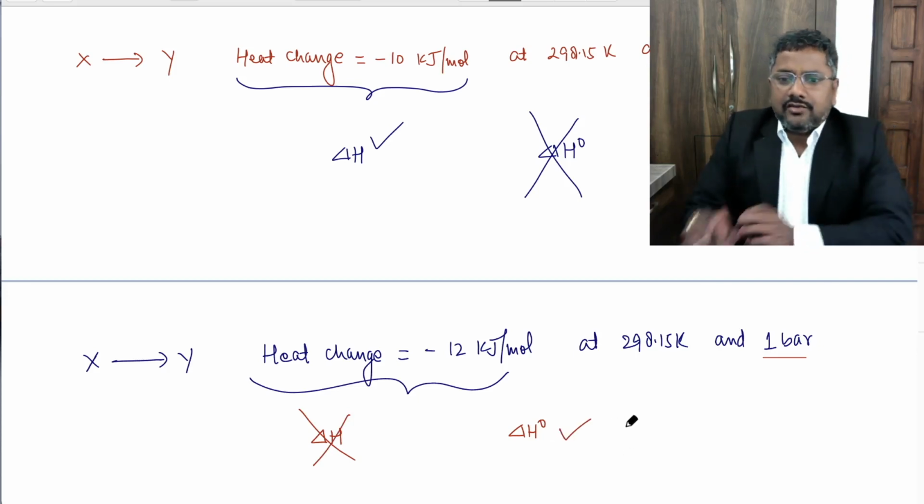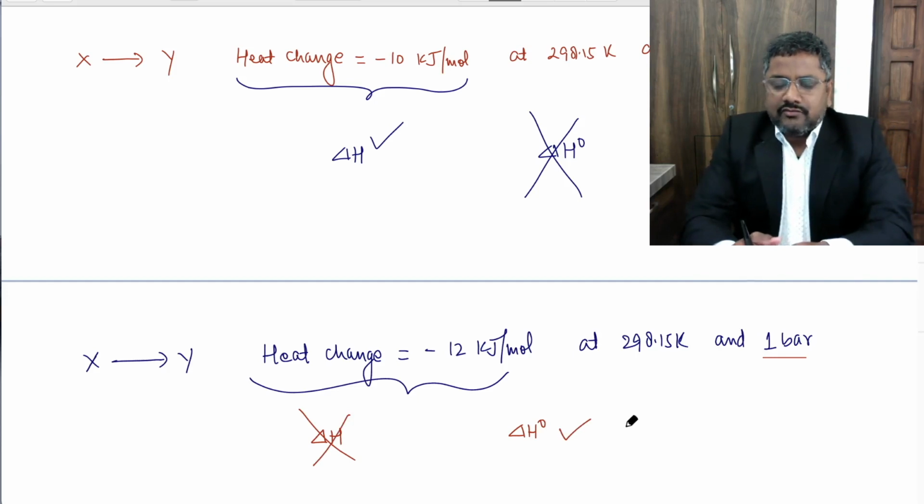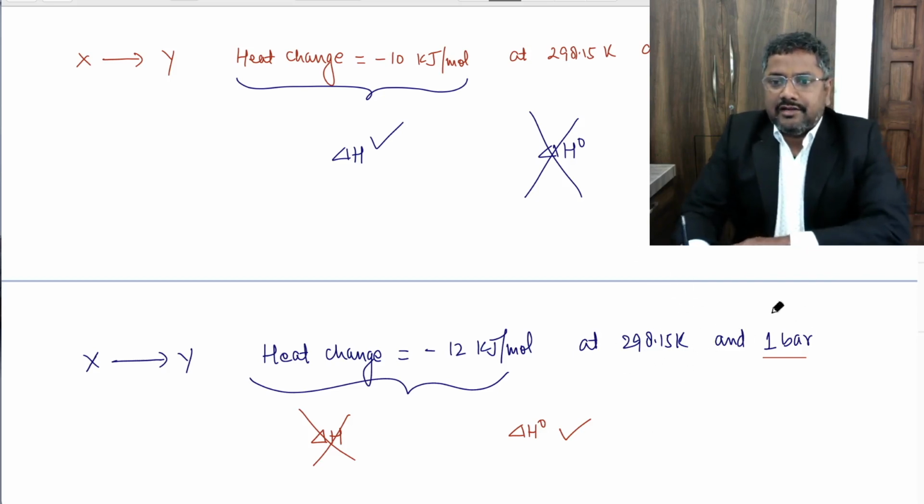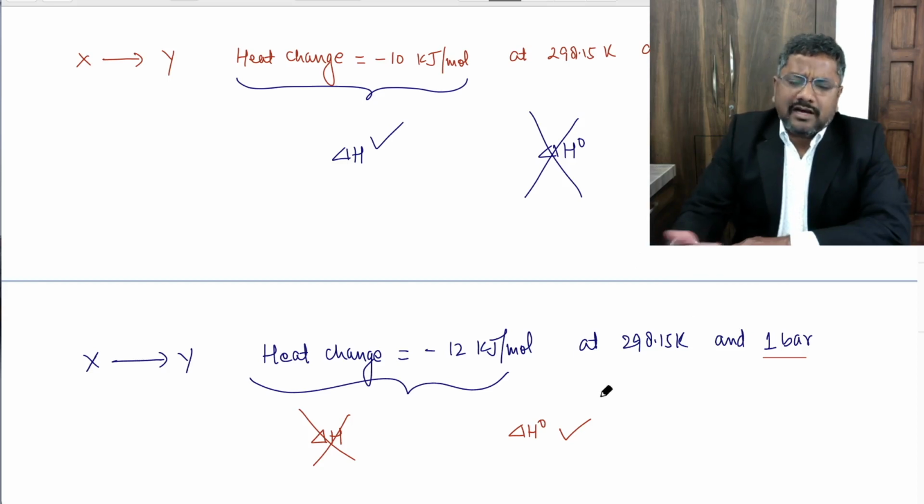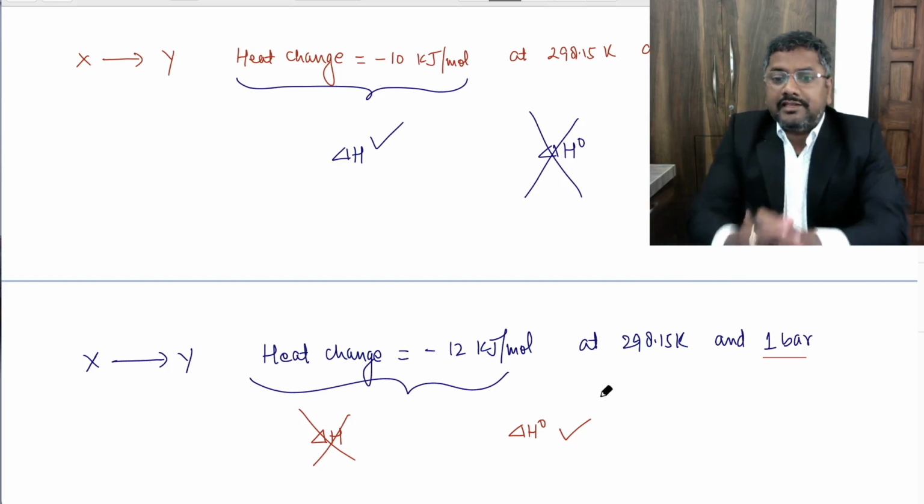In your NCERT book, in the appendix, thermodynamic data are given. All those data are given at 298 Kelvin and 1 bar, but don't confuse that to mean only at 298 Kelvin this is called delta H naught. If somebody asks, for any one reaction, can we have two different values of delta H naught, two different values of standard enthalpy change?